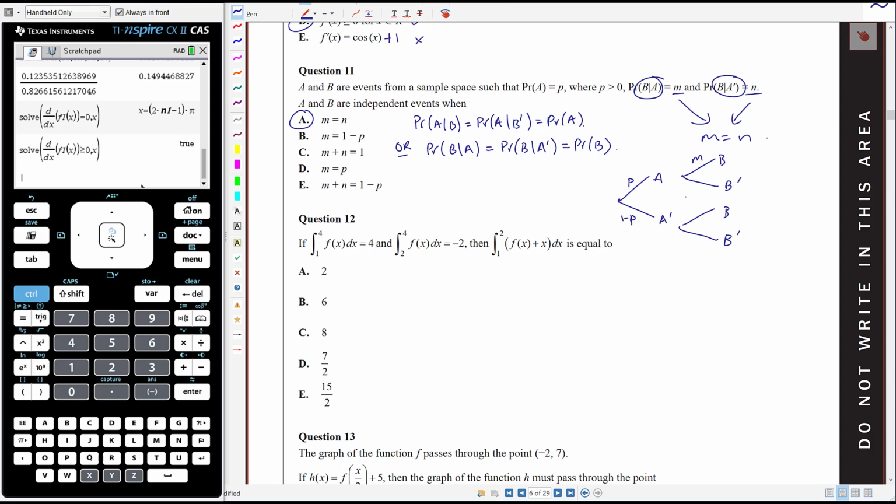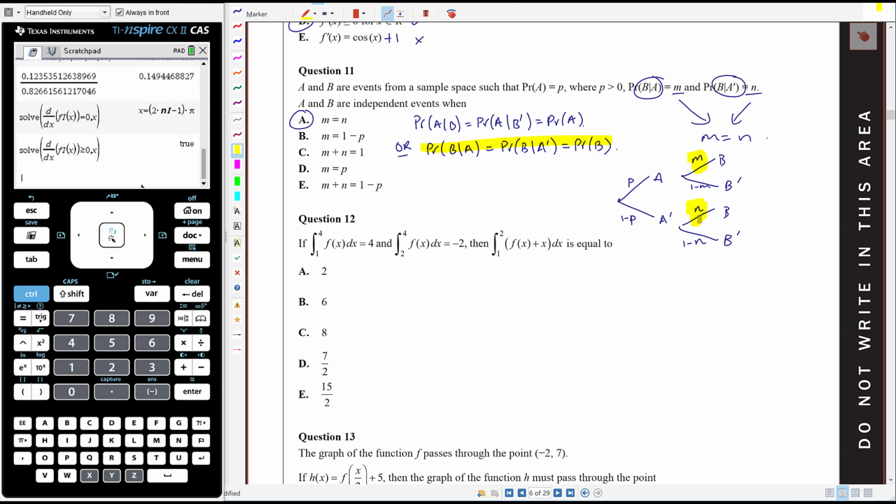This is therefore 1 minus P. This is 1 minus M. Probability of B given not A is N, so that's N there. That's 1 minus N there, therefore. So this rule is essentially saying that this probability is going to be the same as this probability if the events are independent. So that happens if M is equal to N. You don't really need to think through the other options. A is true and is correct, so we can go from there.